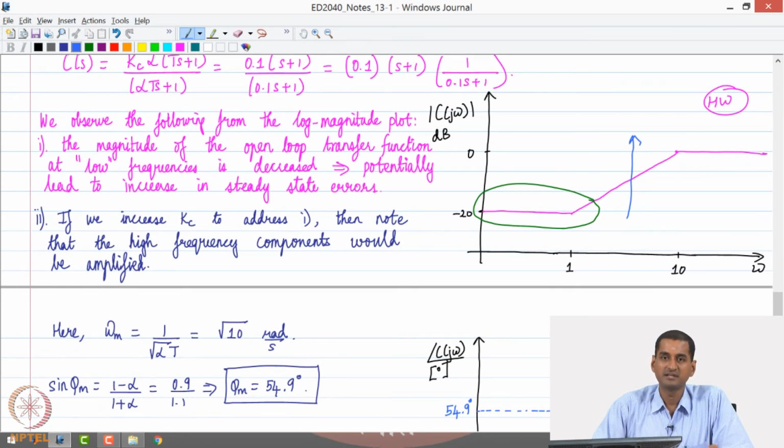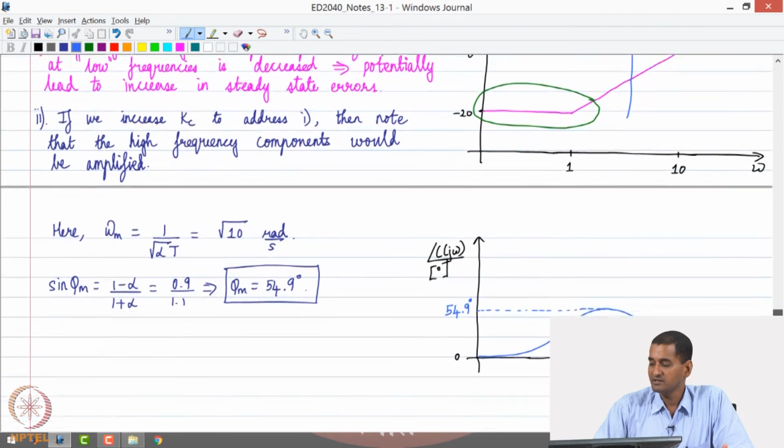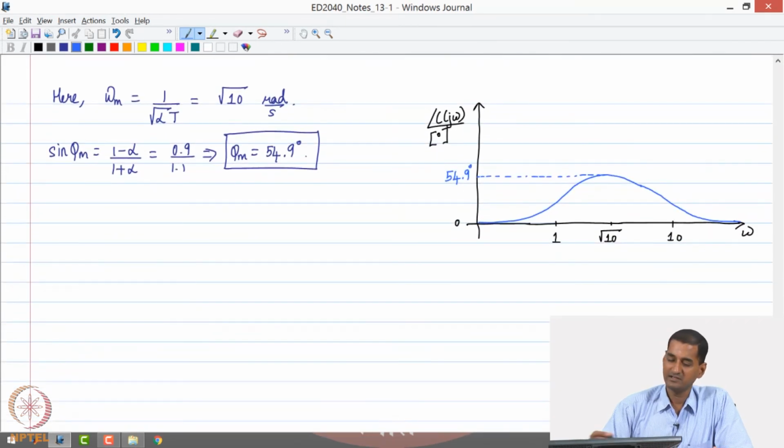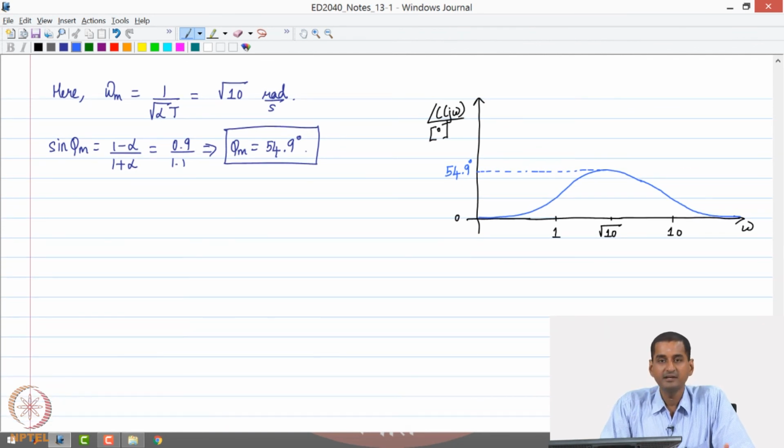But there is a trade-off once again. In order to not amplify the high frequency noise, we keep the low frequency components at a lower magnitude, and then the steady state error characteristics are going to be affected. The steady state errors may increase. To avoid that, if I push the magnitude plot up, the high frequency components are going to get amplified. So there is a trade-off here, but the good thing is it gives us a positive phase lead, which will increase the phase margin of the system. This is the theory behind the lead compensator.